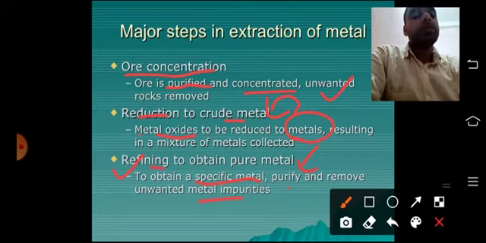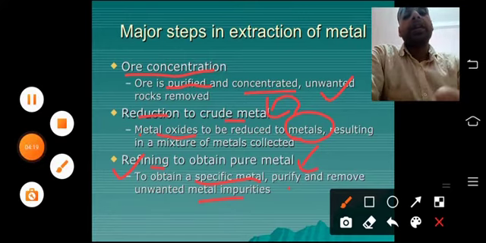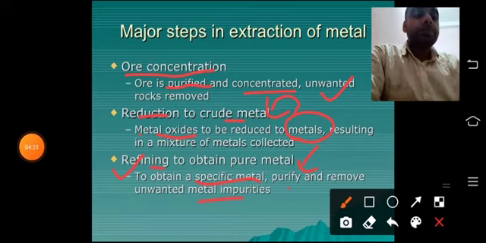Electrolytic refining is one of the special techniques we implement for purifying reactive metals. So those are all the steps we require whenever we are trying to extract metals. Now we will see the next one.